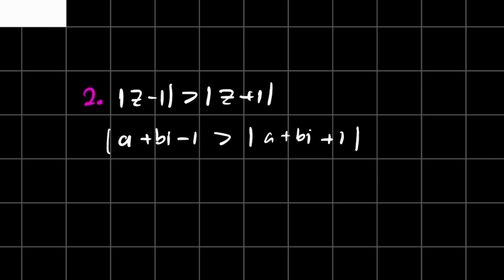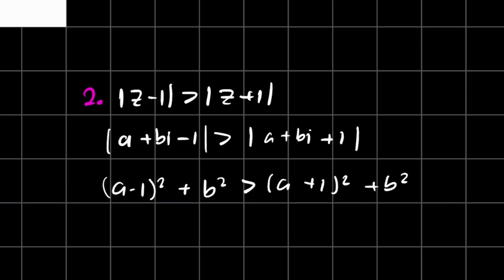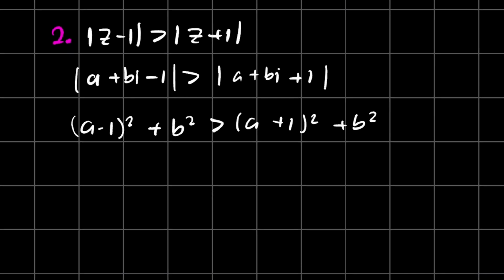Basically, this is going to be (a minus 1) squared plus b squared, and (a plus 1) squared plus b squared. In this case, we would have 2 square roots as well, but we just square both sides, so we remove them. It's as easy as that.